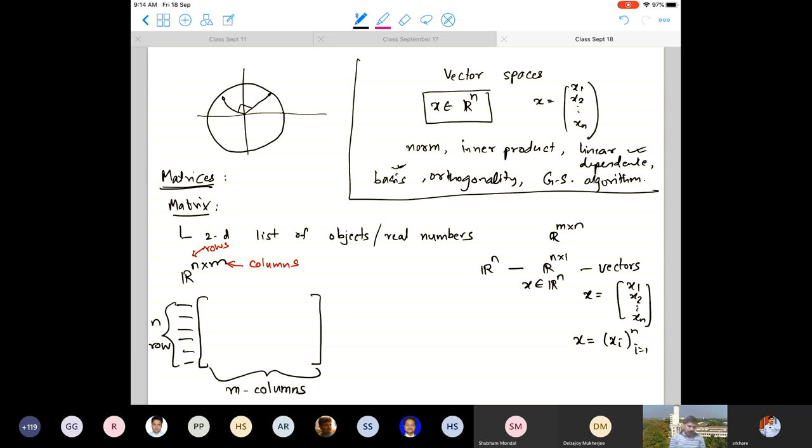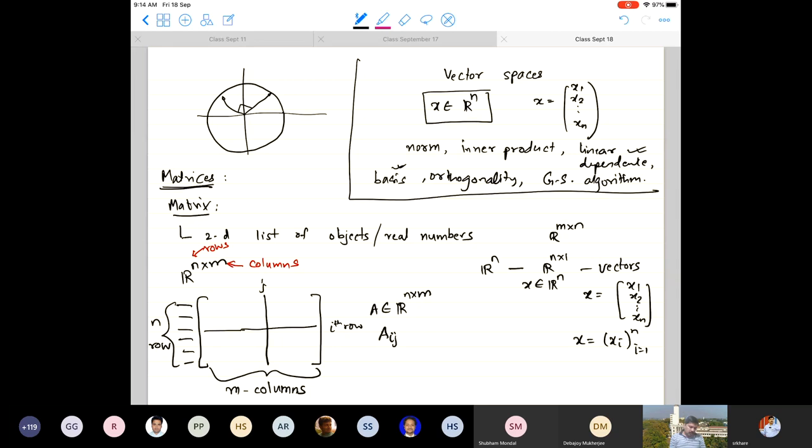So right now let us focus on this. I will say A belongs to R^(n×m). Then what is the notation? I will denote a_ij to be the ijth entry. What is this saying? Look at the ith row, and look at the jth column.